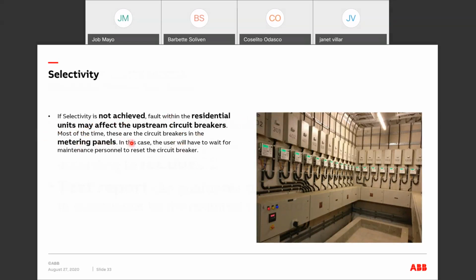In this case, the user will have to wait for maintenance personnel to reset the circuit breaker, primarily because the ones installed in the electrical room, which is outside the residential dwelling unit, are circuit breakers tested under 60947-2. So these are molded case circuit breakers. Sometimes in main electrical rooms, there are air circuit breakers. And then, of course, the miniature circuit breakers for the units.